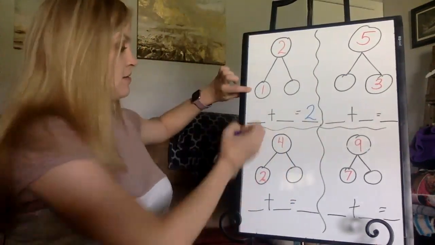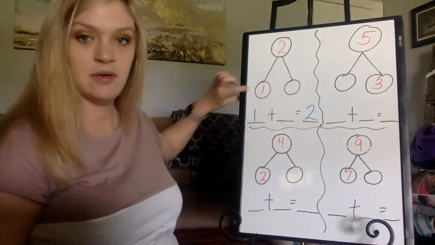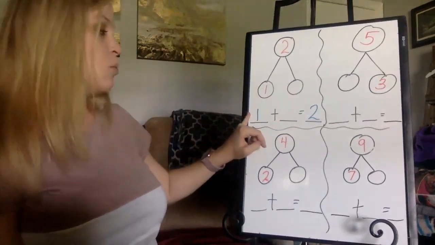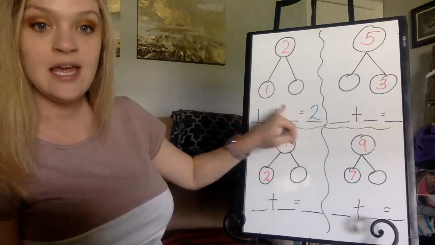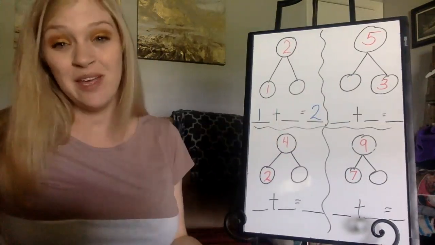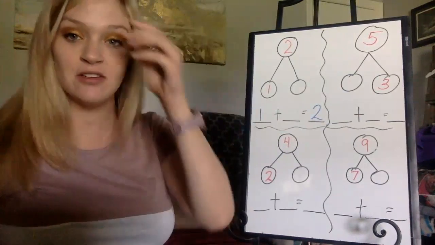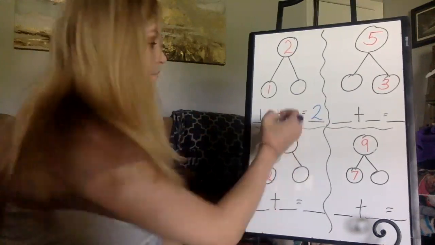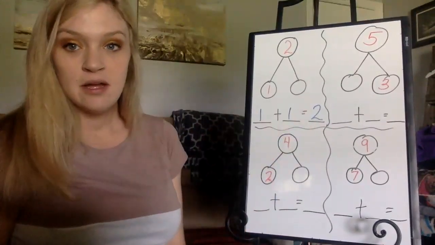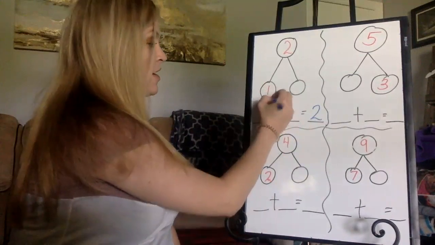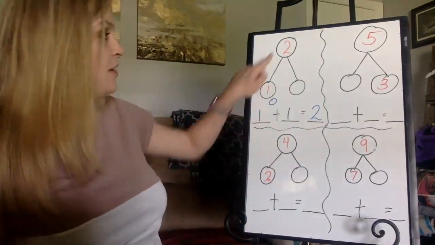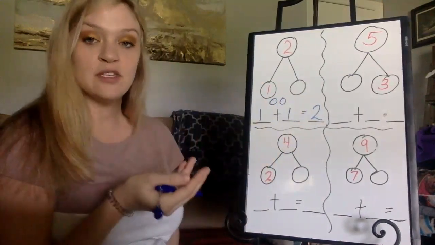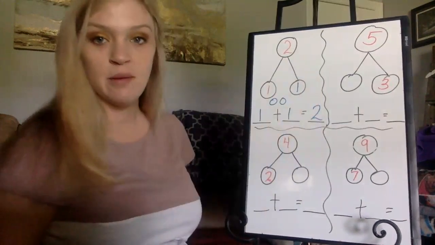We're breaking it apart, so I know that 1 plus what equals 2? We can do that in our head or on our fingers. If I start with 1 circle and need to get to 2, how many more do I need to draw? Just 1 more. So 1 plus 1 equals 2, and then I'll fill it into my number bond.